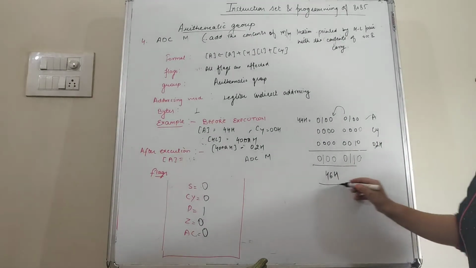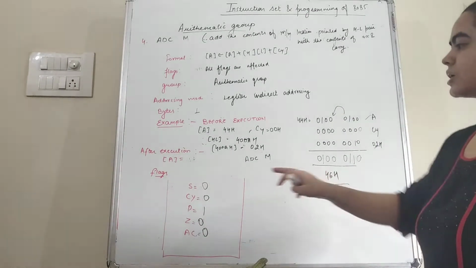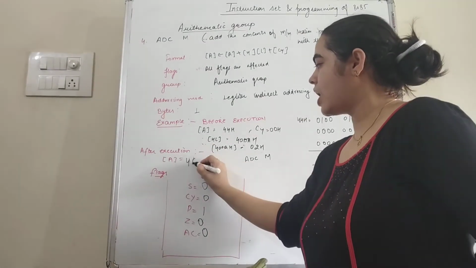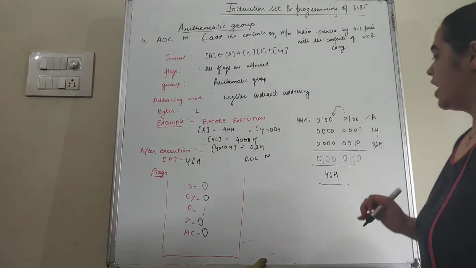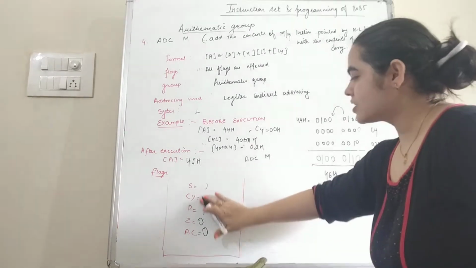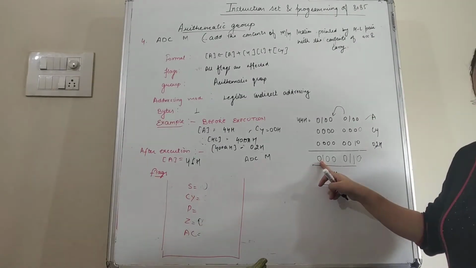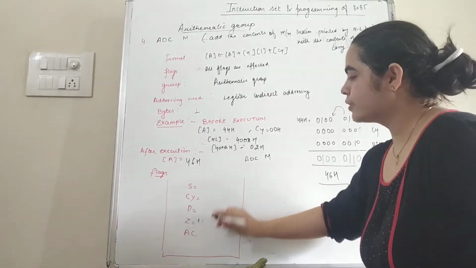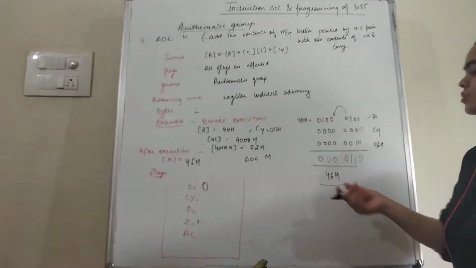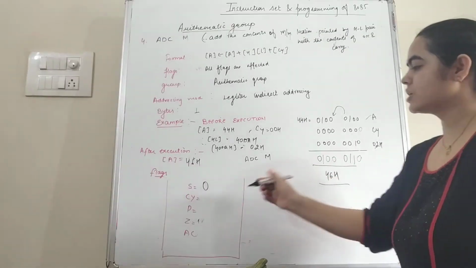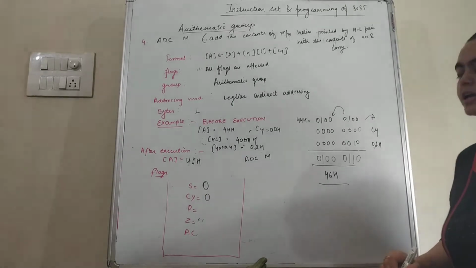After the execution, the contents of the accumulator are 46H, and which flags are affected? The sign flag is 0 because the MSB is 0. No ninth bit is generated, so the carry flag is again 0.